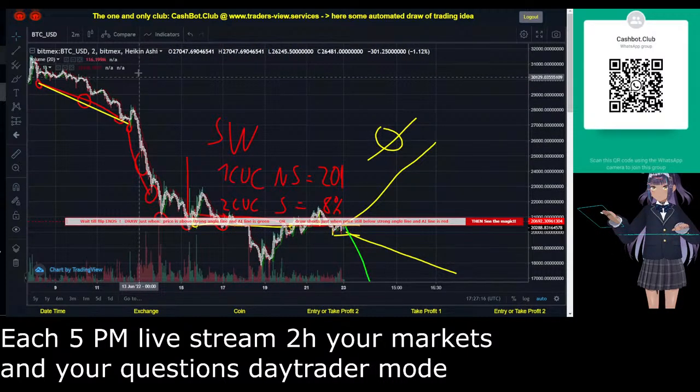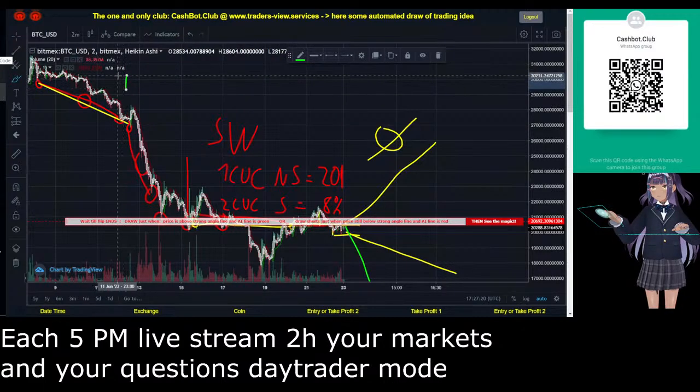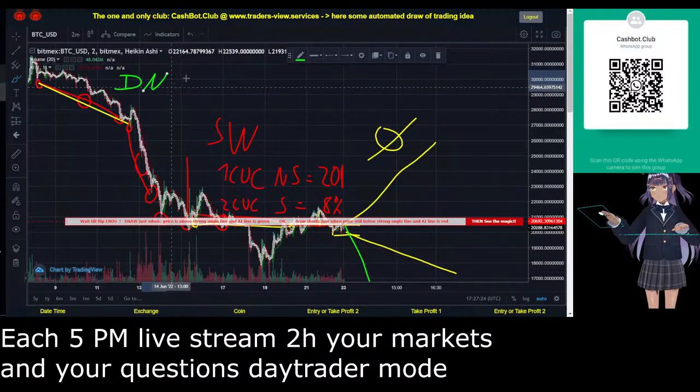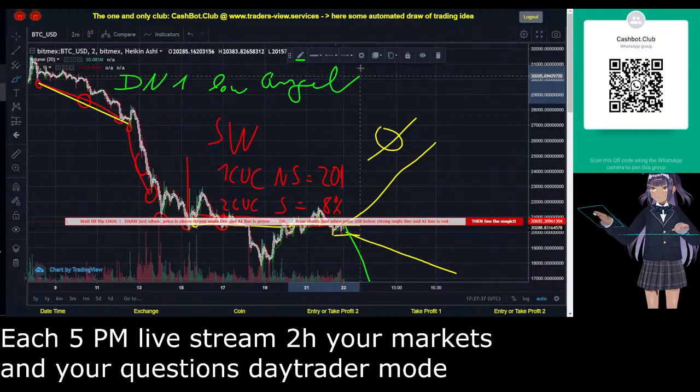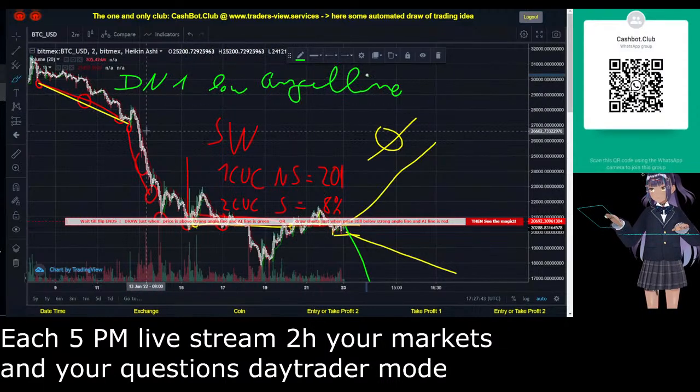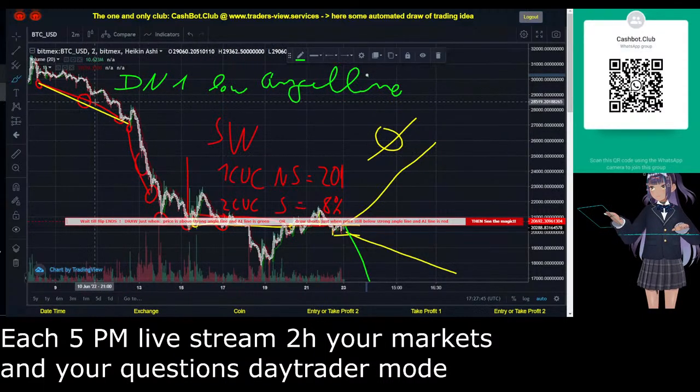This is sideways, this is down, down, one, low angle line, and here you see the low angle line.